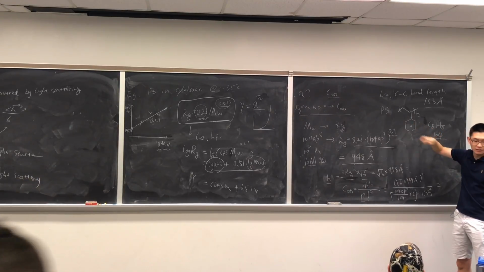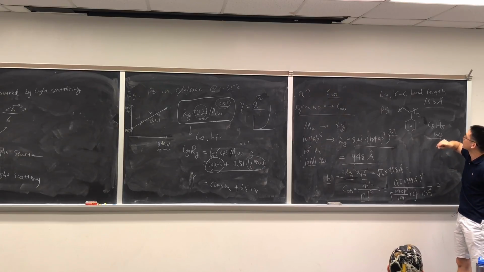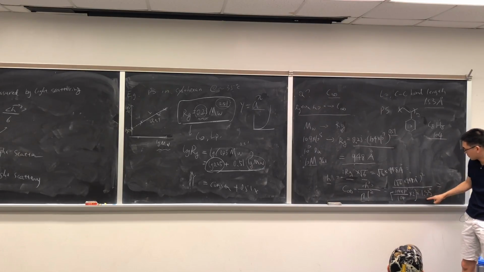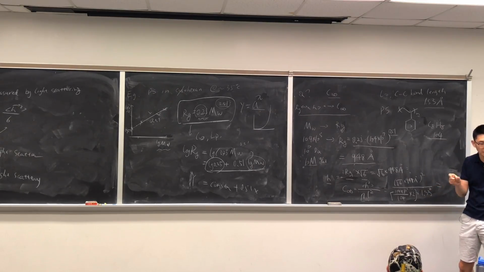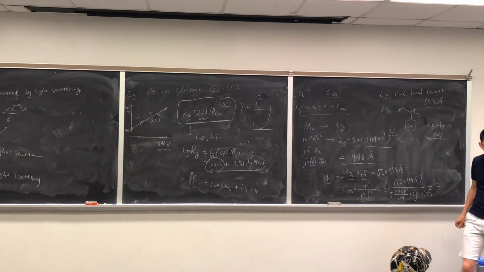I thought it would just be the number of monomers. No, it's actually because we are using n L squared, and L is just a carbon-carbon bond. So we need to count how many carbon-carbon bonds there are along the backbone. Does it make sense to you? Yeah, I get why we're doing L squared.